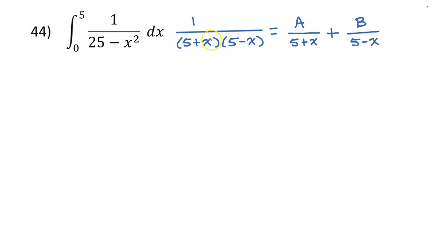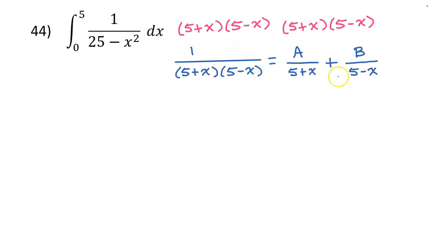Then we need to rewrite this integrand as A over 5 plus x plus B over 5 minus x. To solve for A and B, we need to multiply both sides of this equation by the common denominator. On the left side, the common denominator cancels out completely, so we are left with 1.